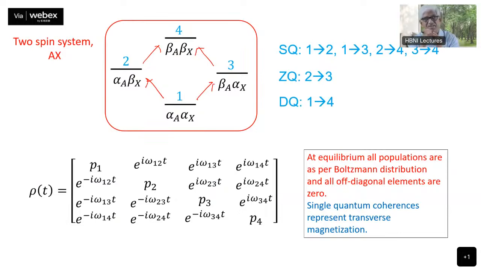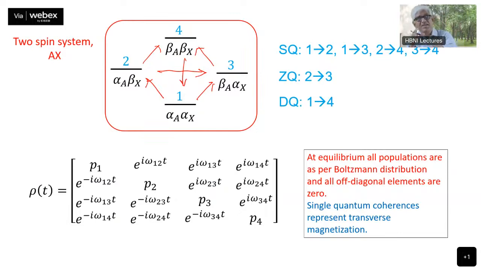Single quantum coherences are the same as single quantum transitions, but double quantum coherences cannot be represented as transitions, though they will be present. So single quantums are 1-2, 1-3, 2-4, 3-4. Zero quantum is 2-3. And double quantum is this, 1 to 4.